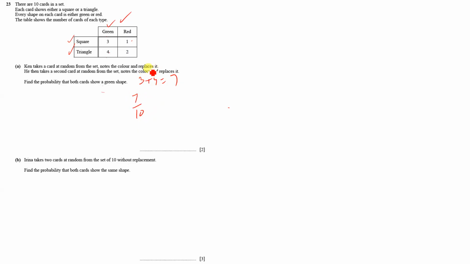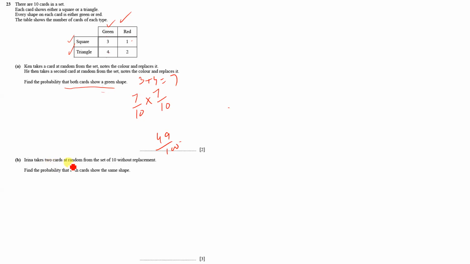So he replaces the card and takes the second card, and its probability is again 7 over 10, and total probability of both the cards are green is 49 over 100.